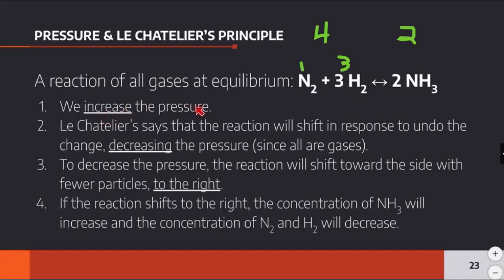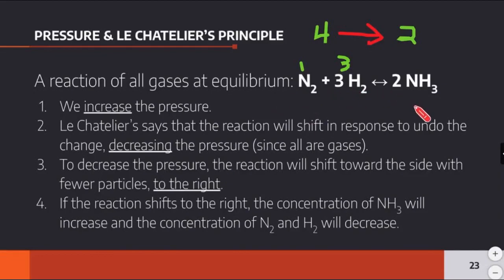We increase the pressure. If we increase the pressure, Le Chatelier's is going to try to undo that and decrease the pressure. So to decrease the pressure, it wants to shift to the side that has fewer particles. That means it will shift to the right, because that would take it from 4 particles to 2 particles. So this reaction would shift to the right in response.